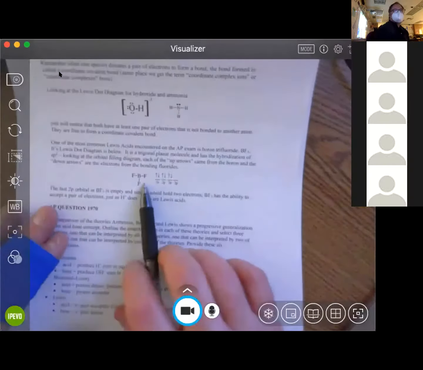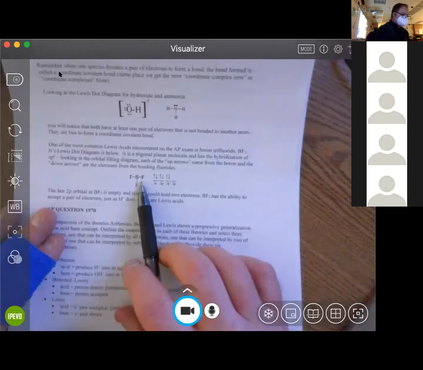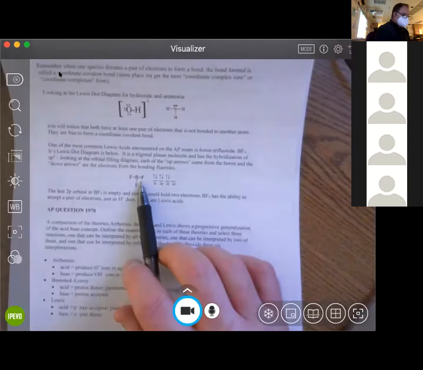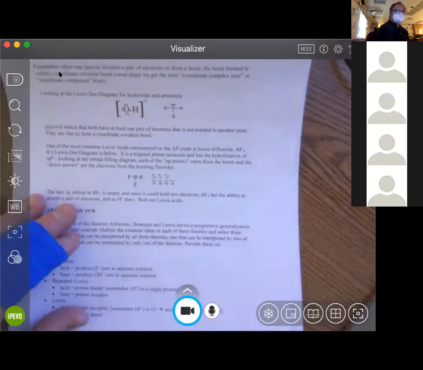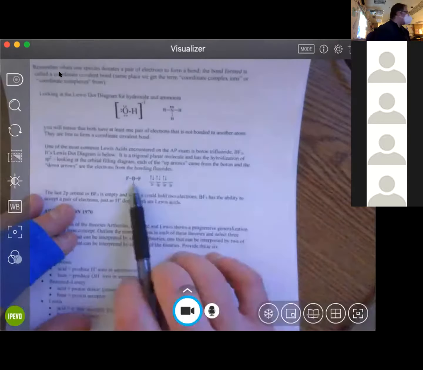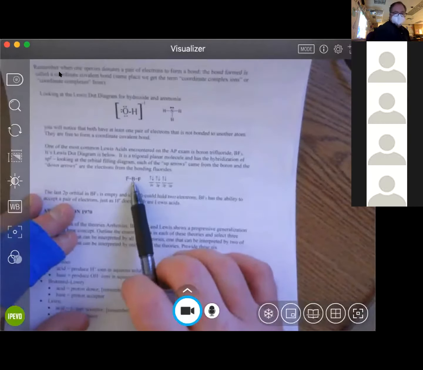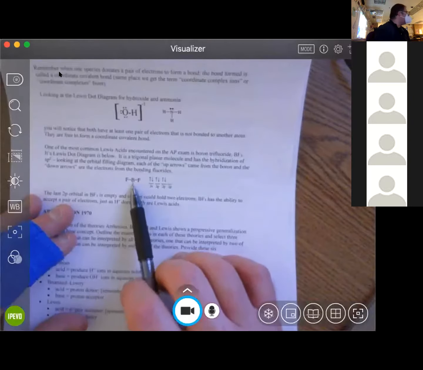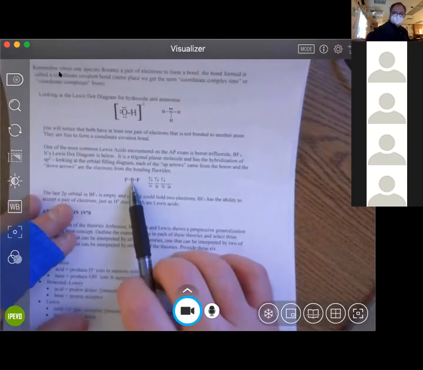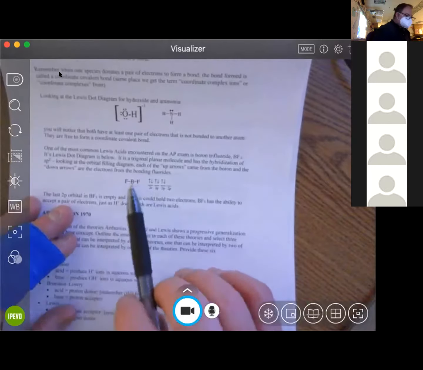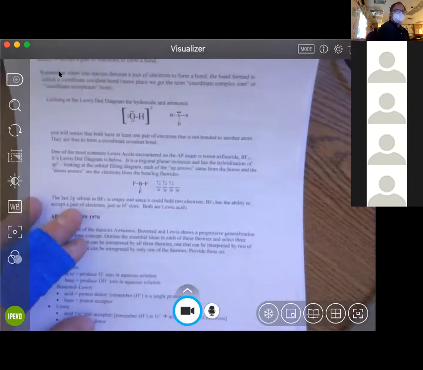One of the biggest ones that you'll see if you look through old AP reviews is BF3. If you recall from our bonding unit in your previous chemistry class, B can get out of the octet rule by just having 3 bonds.